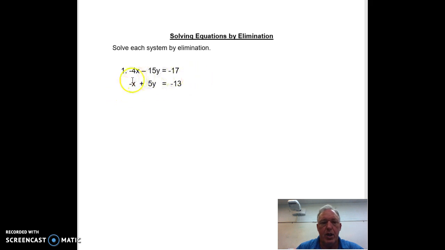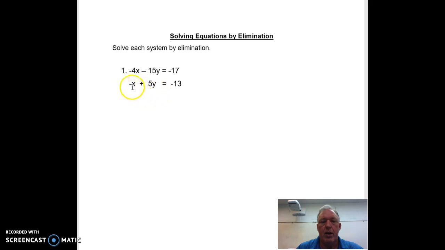In this case, we're only going to have to change one of the equations. So we're going to take the bottom equation and decide, do we want to make the coefficient in front of x the same as 4? Or do we want to make the coefficient in front of y the same as 15?